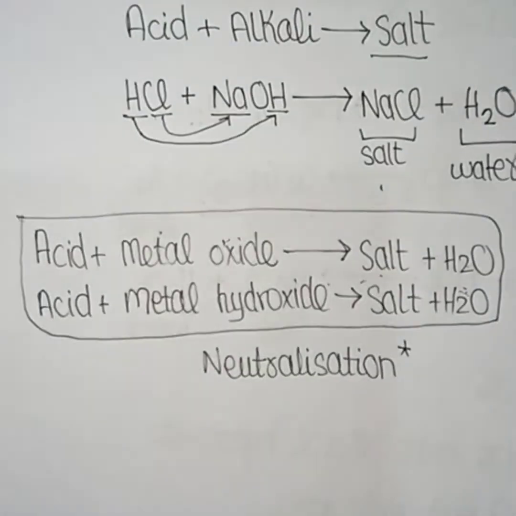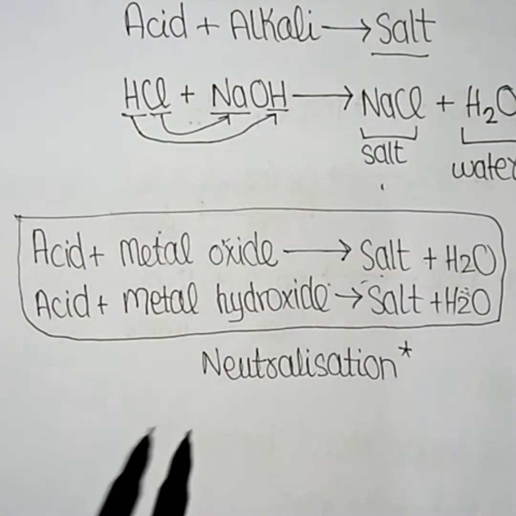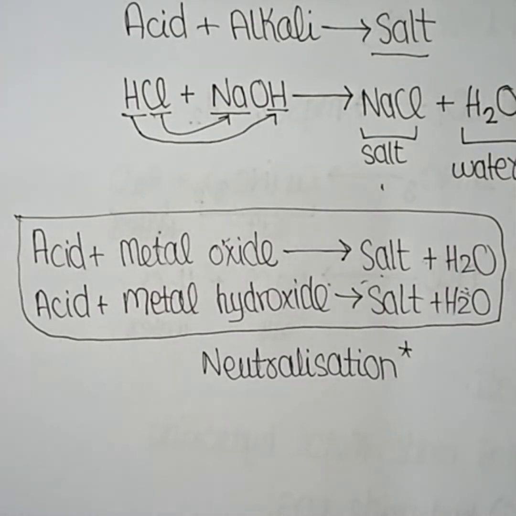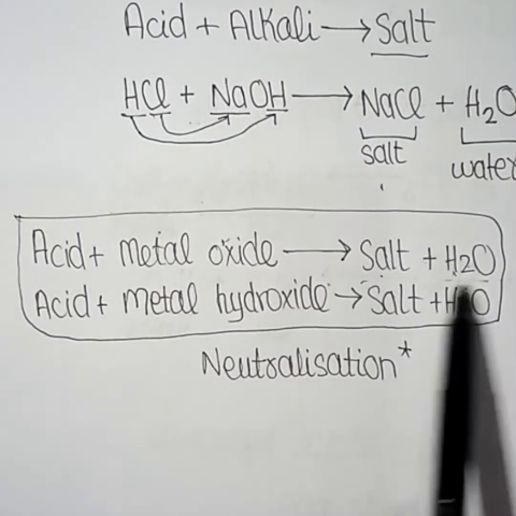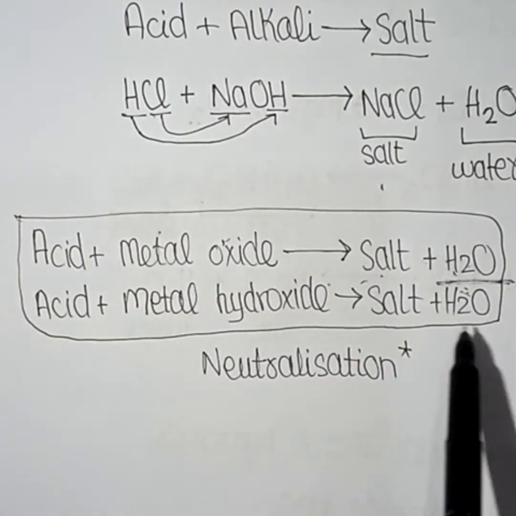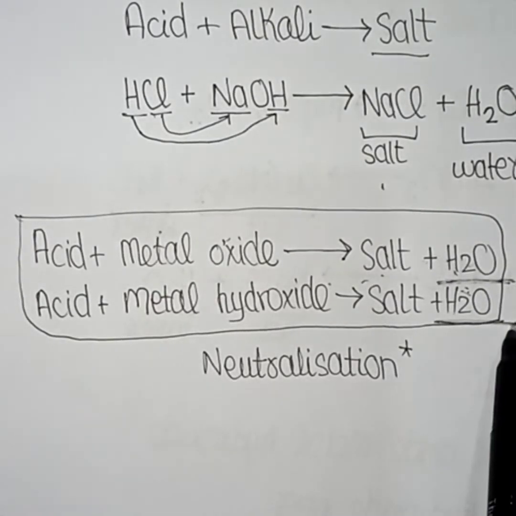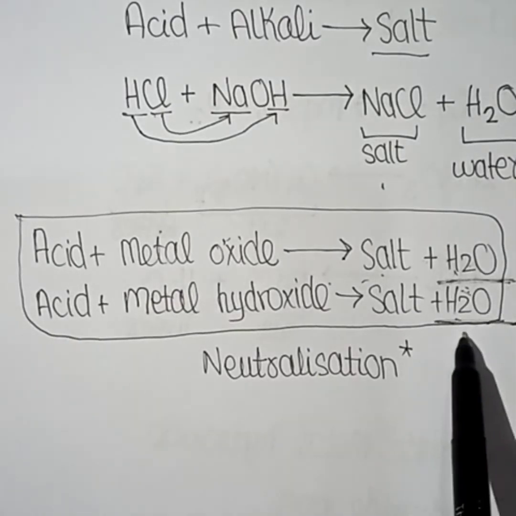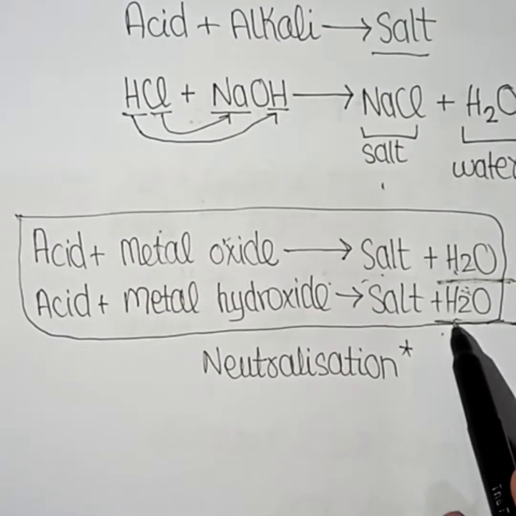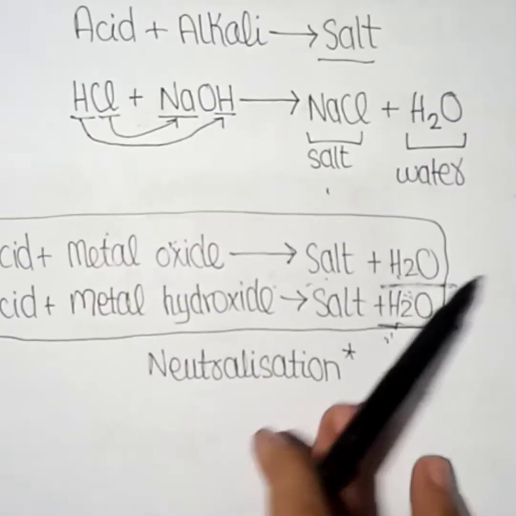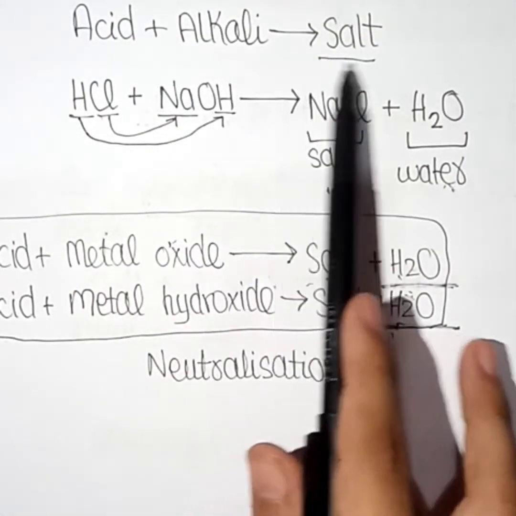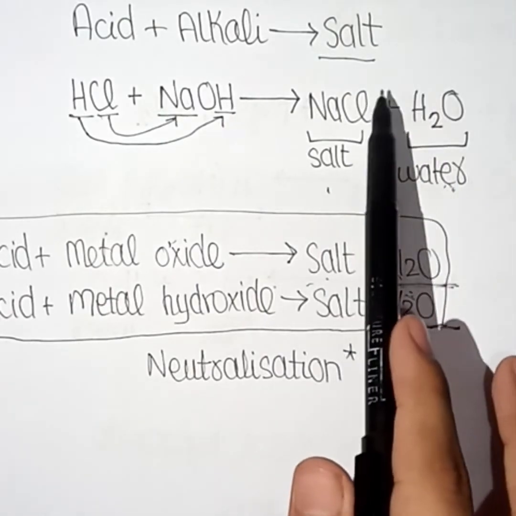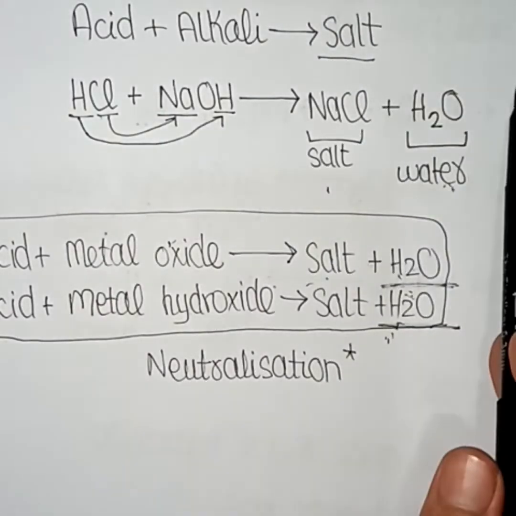Moving ahead, now the question is how it is neutralized. It is neutralized as whenever water is produced, as I previously told, when an acid combines with alkali, it forms a salt and a neutral substance.